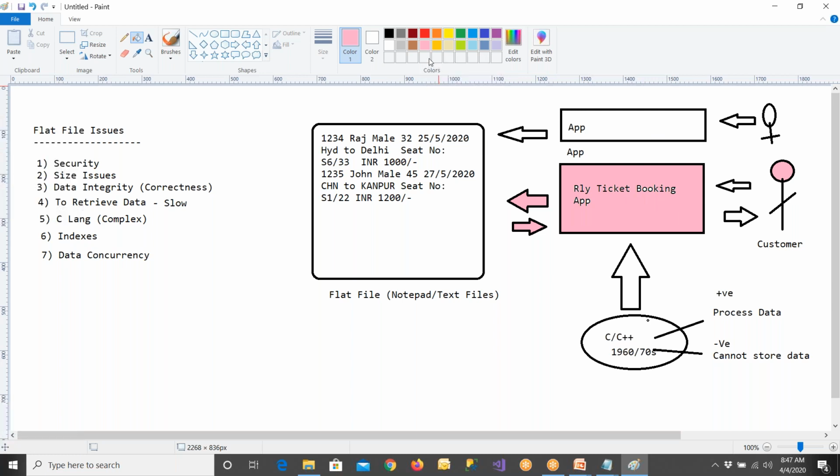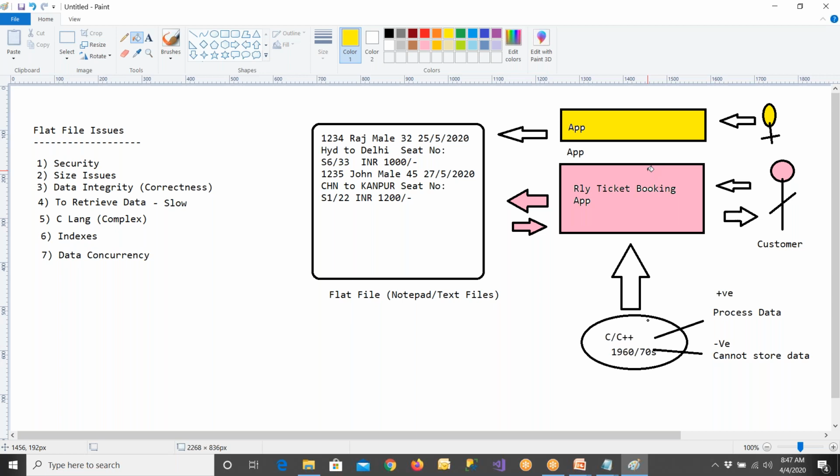If this guy is done, then you have to give permission to the other guy to do the activity. So even though you have multiple computers, the train ticket booking is happening one after the other, sequentially. Not parallel bookings.